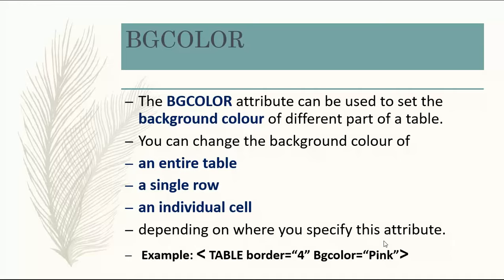Example, how do we write this? With the table border, BG color is equal to pink. So here pink is a value. Instead of pink you can use any color of your choice.